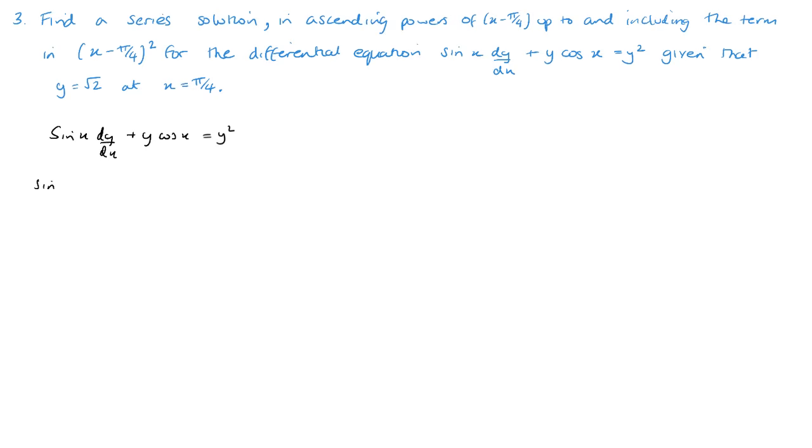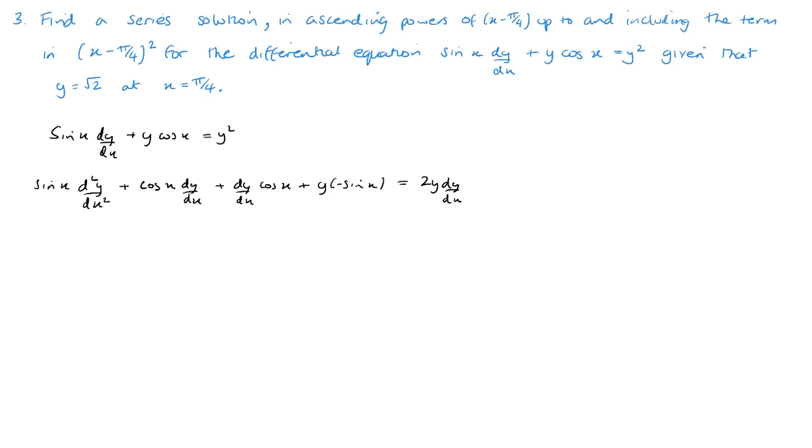So sine x times d2y by dx squared plus, to differentiate sine is cos, so it's cos times that, plus. Now let's differentiate the y, dy by dx times cos x, and now let's differentiate the cos to minus sine x equals 2y dy by dx.